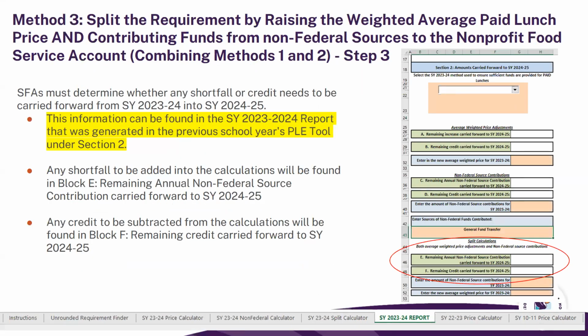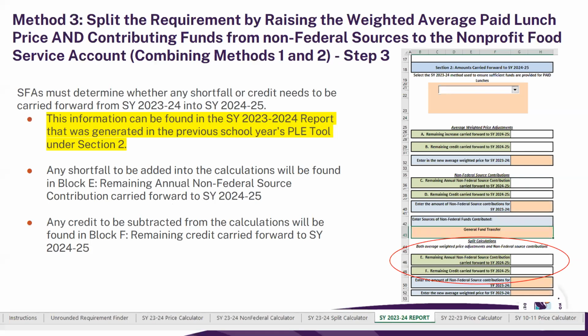Method 3, Step 3: SFAs must determine whether any shortfall or credit needs to be carried forward from school year 23-24 into 24-25. This information can be found in the school year 23-24 report that was generated in the previous school year PLE tool under section 2. On this slide is a screenshot from the 23-24 PLE tool where you will find that information.